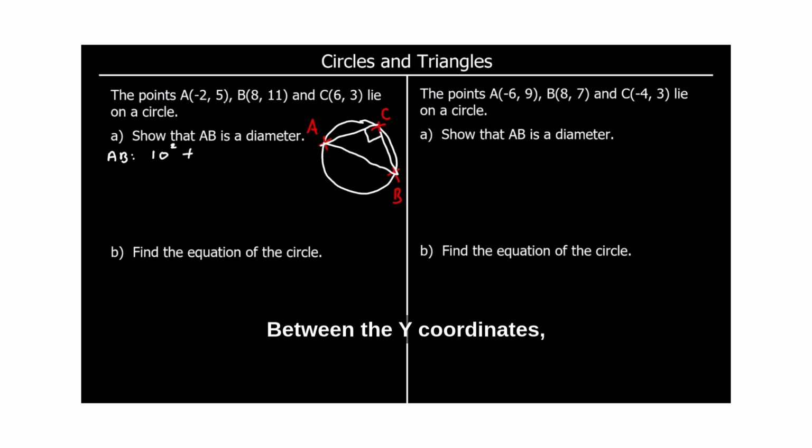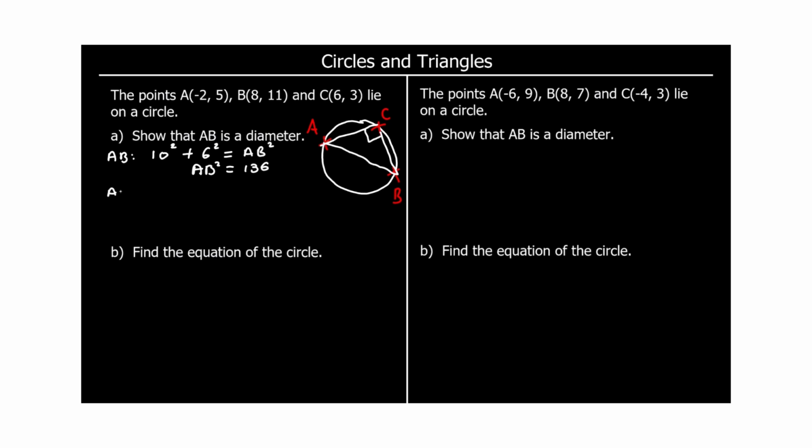Between the y coordinates, 5 to 11 is 6. 10 squared plus 6 squared equals AB squared. So 100 plus 36 is AB squared. So I'll just write AB squared is 136.